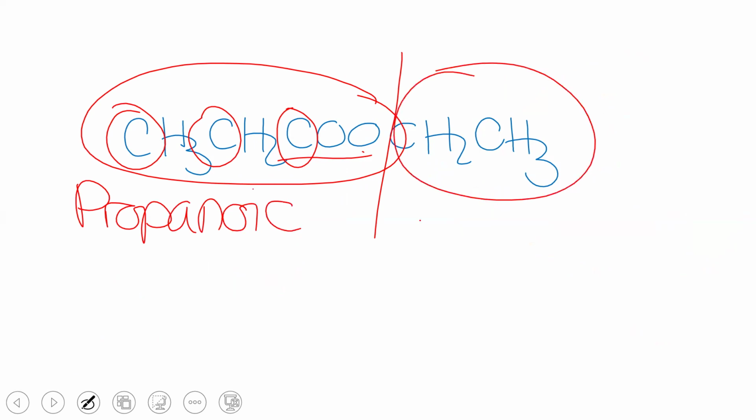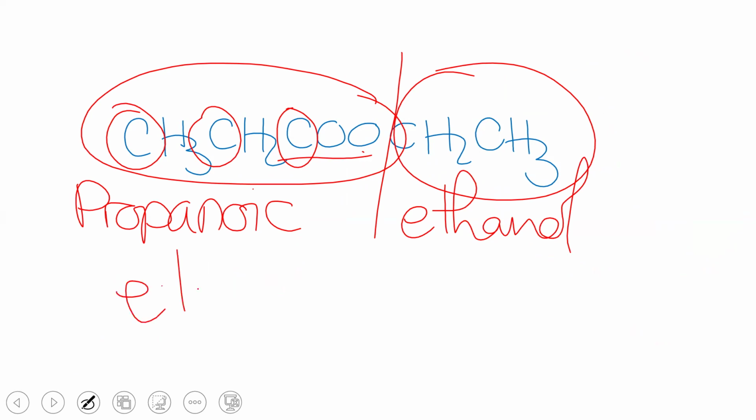And 2 carbons, ethanol. And we name it ethyl propanoate. So we have here ethyl, from ethanol, ethyl propanoate.